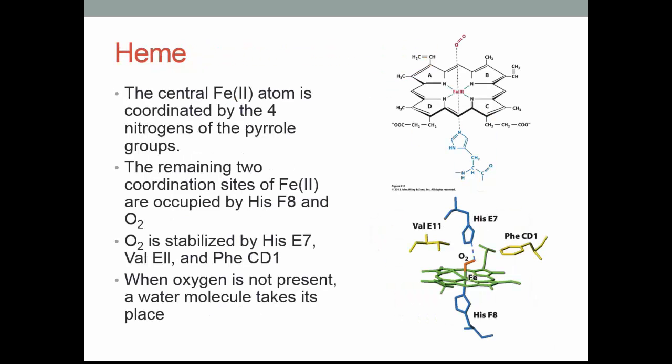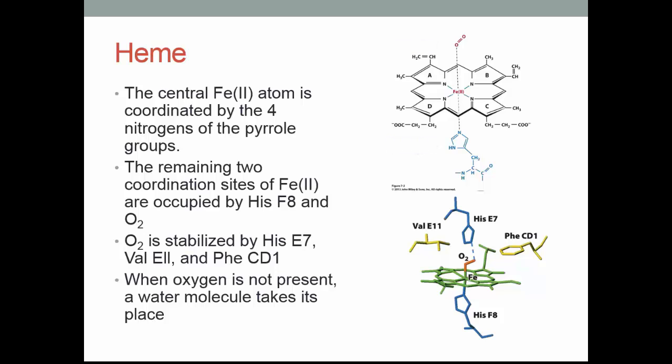In the center of this conjugated ring system of the porphyrin, the central iron atom is coordinated within the plane by the 4 nitrogens of the pyrrole groups. The remaining 2 coordination sites above and below the iron atom are occupied by oxygen from above and histidine F8 from below.